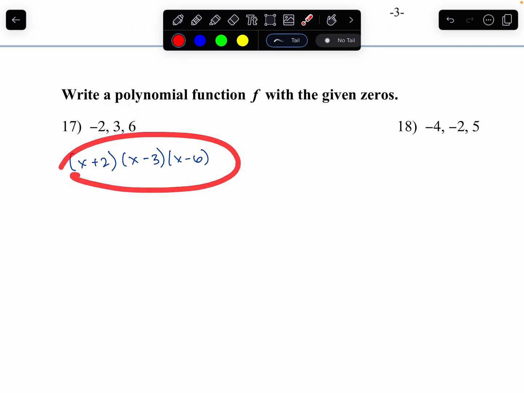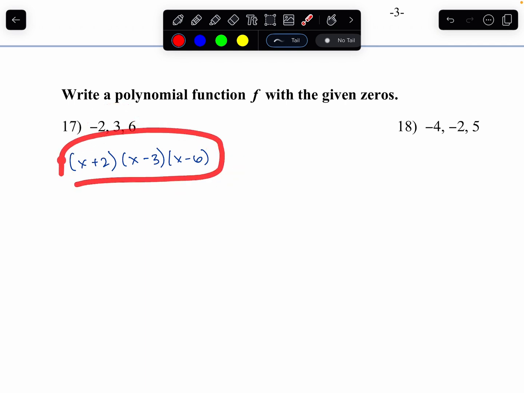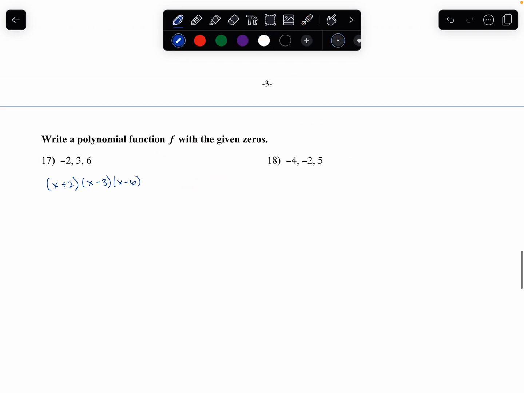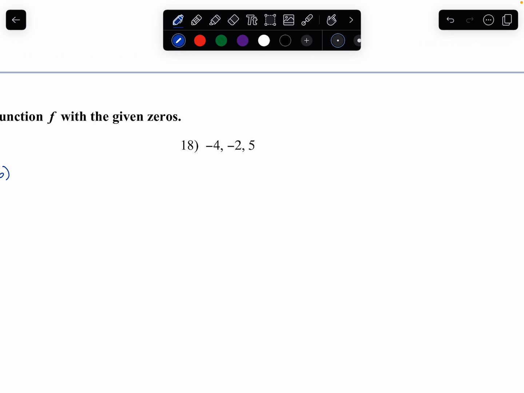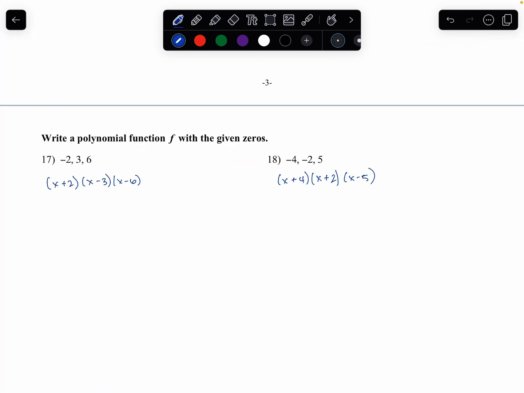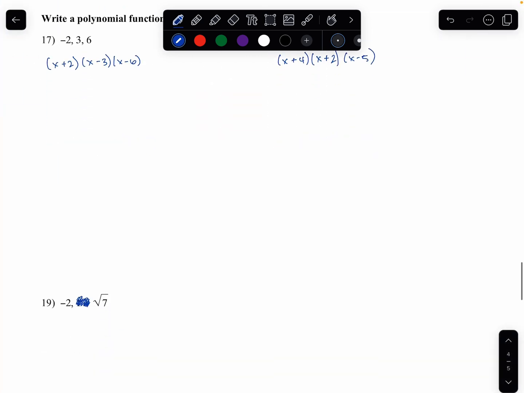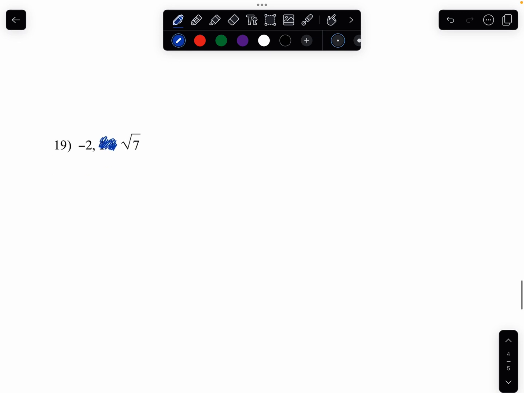Now you just have to multiply these out. I'm honestly not going to do that because that's something from the last unit and something that you guys should be familiar with. So you need to multiply those out. And you'll do the same thing here. So you know x plus 4 is a factor, x plus 2 is a factor, and x minus 5 is a factor. So you need to multiply those three out and get the function, the polynomial.